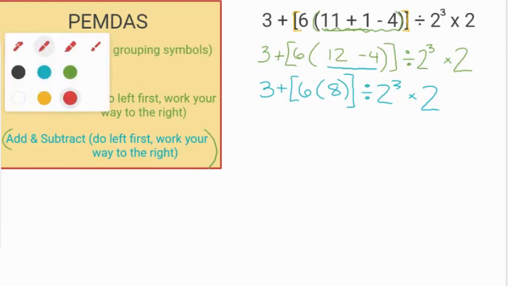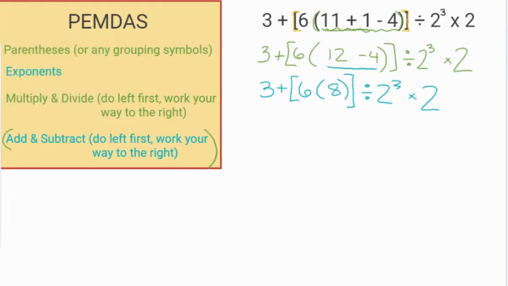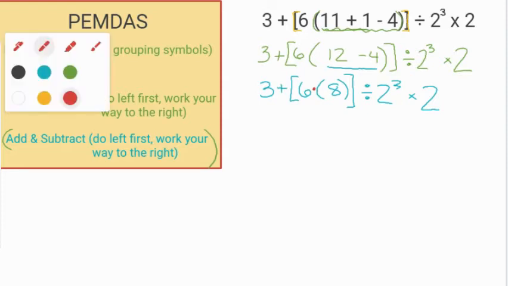Now, it's important to note that there's an absence of a symbol there. That means multiplication. If you want to, you can put a little dot there. But 6 parentheses 8 means 6 times 8. And that's what we do because it's inside the parentheses, and that's going to equal 48.